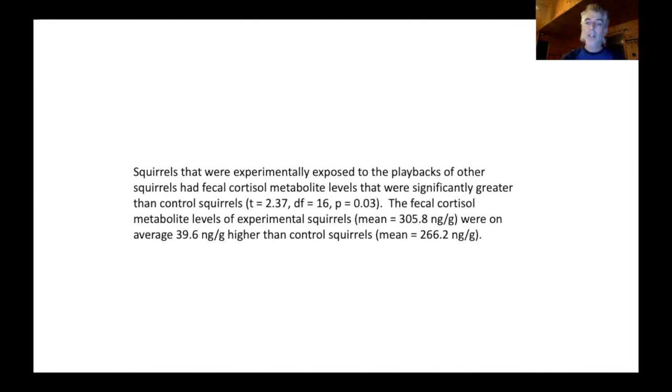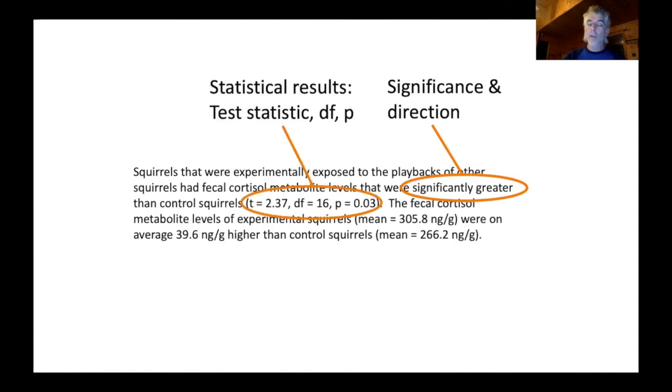In our text, we have indicated the significance and direction of the effect. We've supported our statement with the corresponding statistical results, including our test statistic, our degrees of freedom, and our p-value.